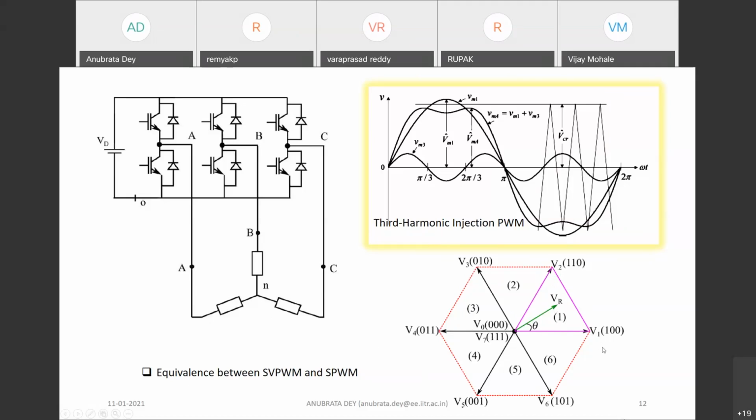You get a resultant vector in a TS cycle by the volt second averaging technique, by applying V1, V2, V0 and V7. These are the vector locations, and the tip of the equivalent vector is VR, obtained by averaging these vectors. They are nothing different; they have equivalence.